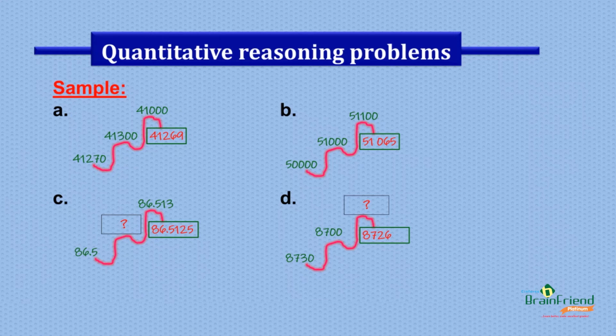Now, we have quantitative reasoning problems that have to do with approximation. Let's find out what happens here. For our first sample, our original number is this number here. From the top, we approximated this number to 2 significant figures, meaning that 1 is our target and then we approximate.